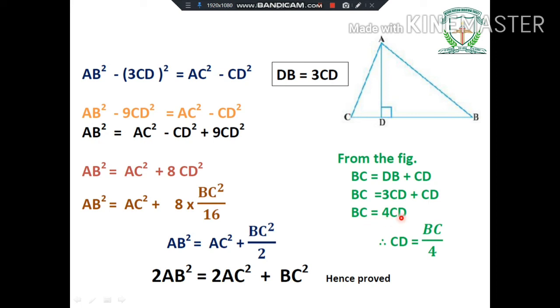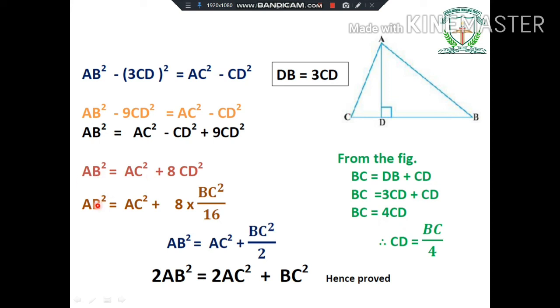BC is equal to 4CD. Here we need CD square. So therefore CD is equal to BC by 4. So you square it. CD square becomes BC by 4 whole square. When you square it, you will get BC square by 16.